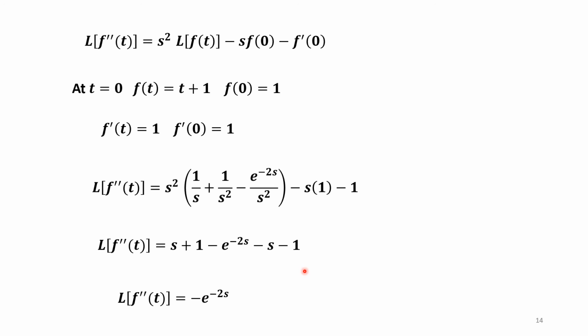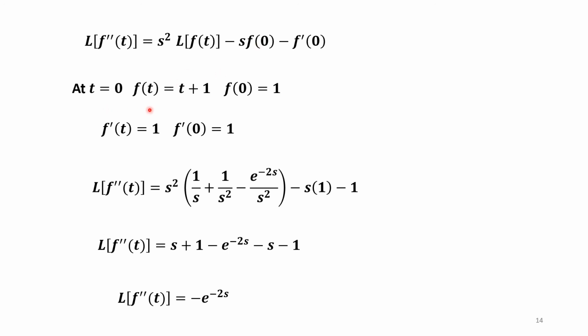We are just making use of the formulas for L of f dash of t and L of f double dash of t. In both formulas, we require L of f of t. So first we calculate L of f of t, and then from the given problem we write what the function f of t is when t is 0.